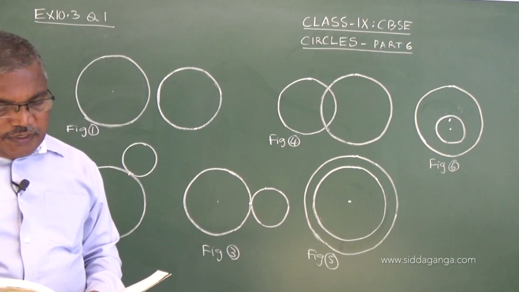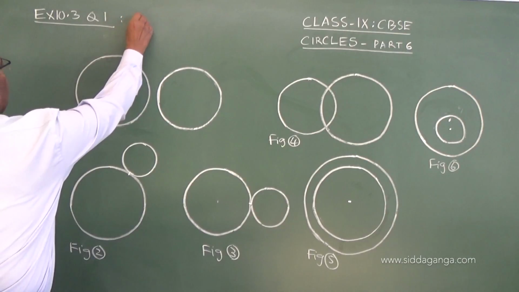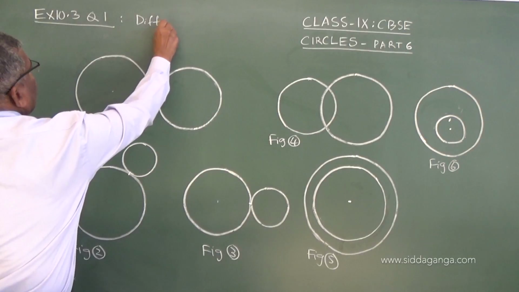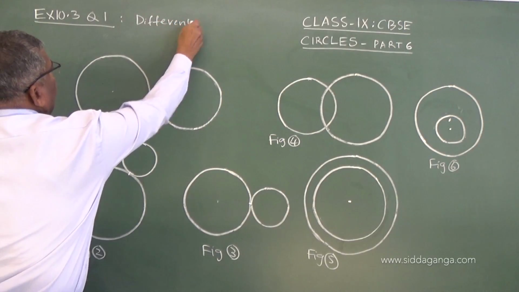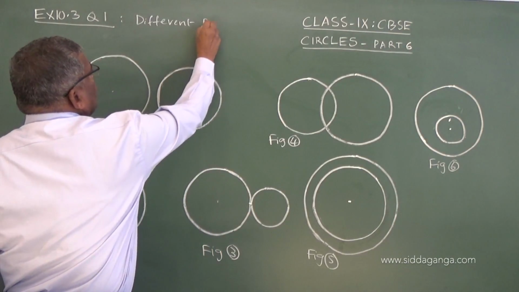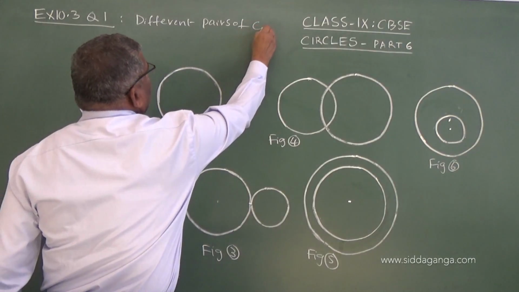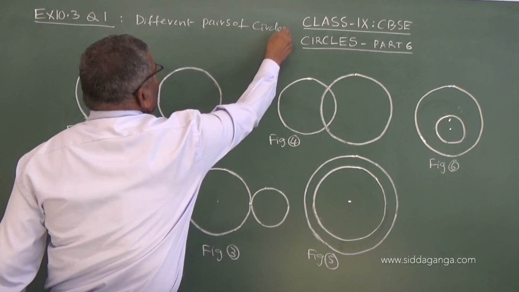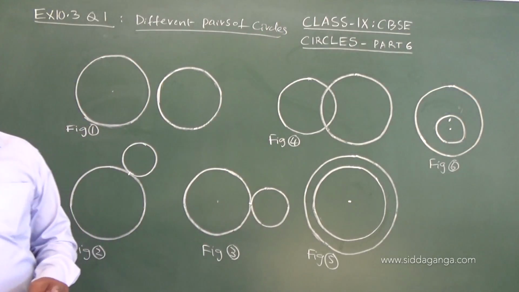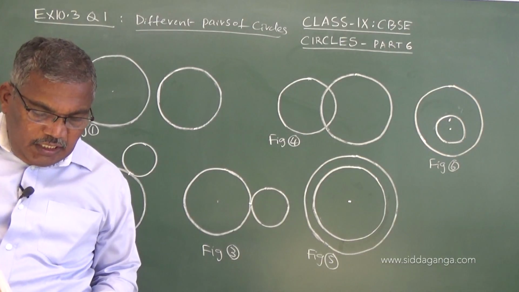So draw different pairs of circles. We are asked to draw different pairs of circles, and we have to say how many points each pair has in common.